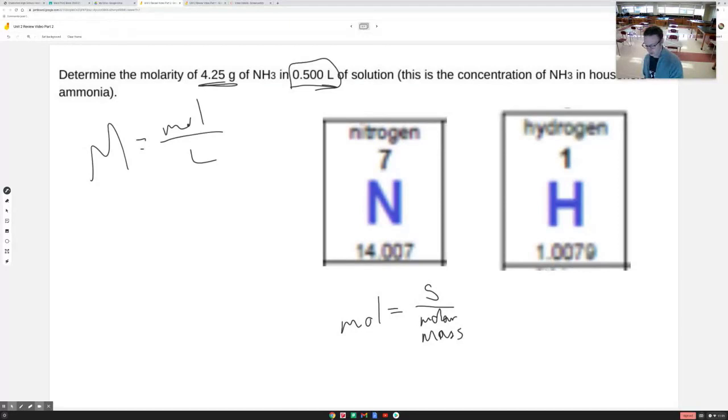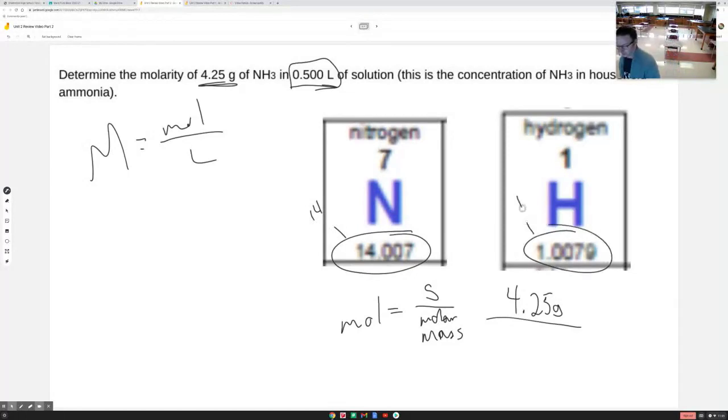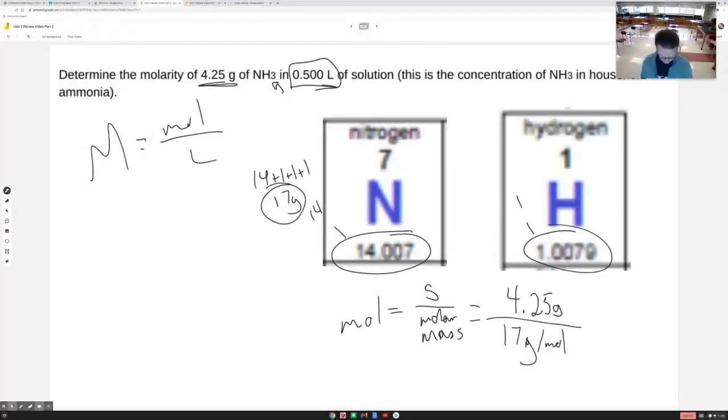Okay, so the grams we got was 4.25 grams. Molar mass, we have to look them up on the periodic table. That's 14. It's blurry, but that's 14. Hydrogen is always 1. Since it's NH3, I have to do the hydrogen 3 times. So it's 14 plus 1 plus 1 plus 1, which is 17. So that's the molar mass. So to get the moles, I do 4.25 divided by 17 grams per mole, which is molar mass.